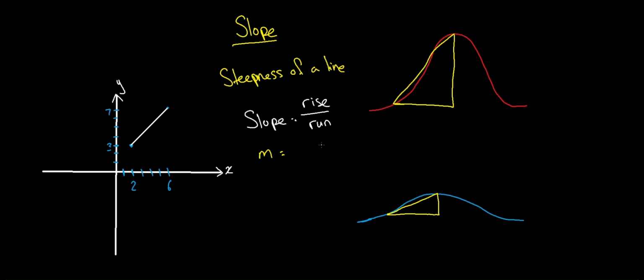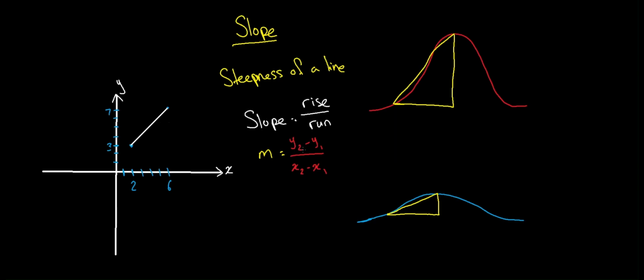Now, there's a formula that you'll probably see in your textbooks all the time, and your teachers are always going to apply this formula. And this is that y2 minus y1 over x2 minus x1 equals the slope.